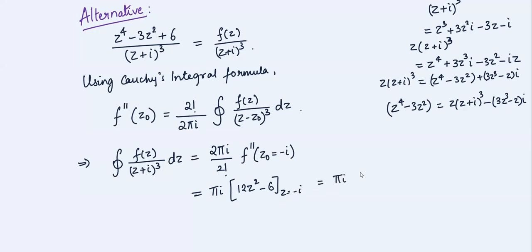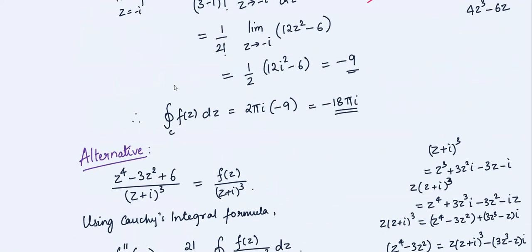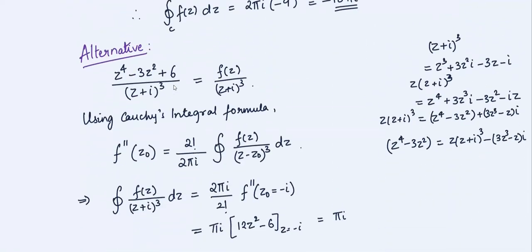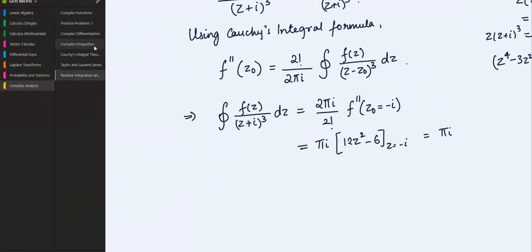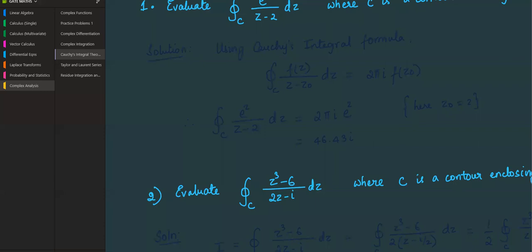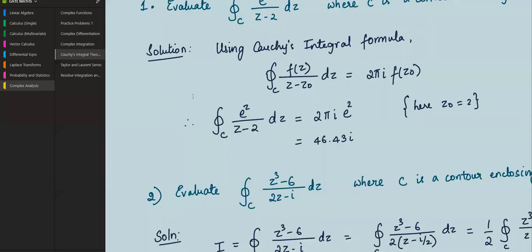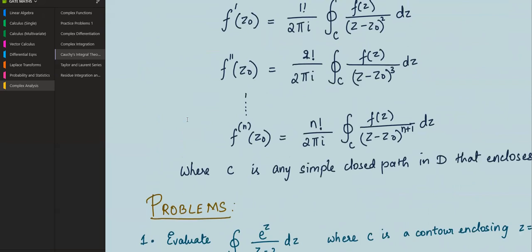So pi times i, 2 by 2 factorial. Correct, n factorial by 2 pi i.